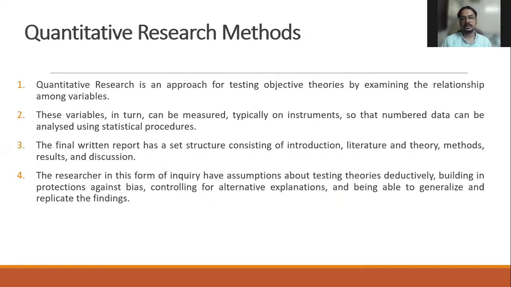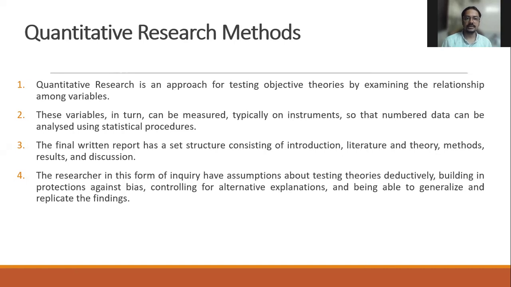So what are quantitative research methods? Quantitative research method is an approach for testing objective theory by examining the relationship among the variables. In quantitative research, we have variables that are countable, that are quantifiable, like age, weight, or anything which you can count in numbers or in specific units.